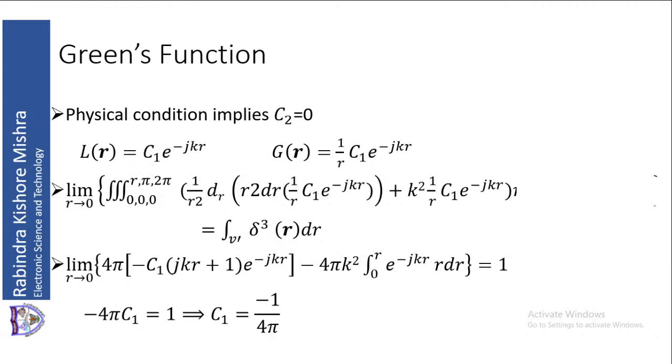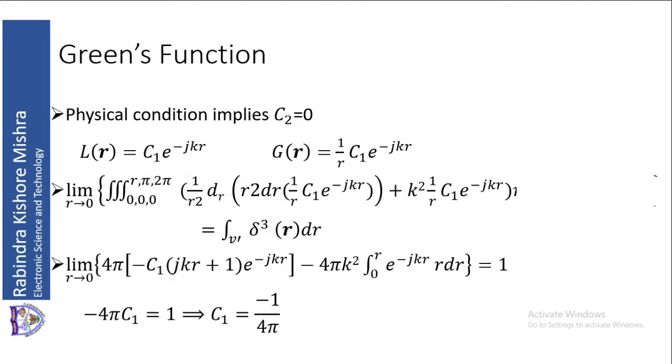Now L(r) is equal to r into G(r). Therefore G(r) will be L(r) by r. So G(r), the Green's function, is equal to 1/r into C1 into exp(−jkr).